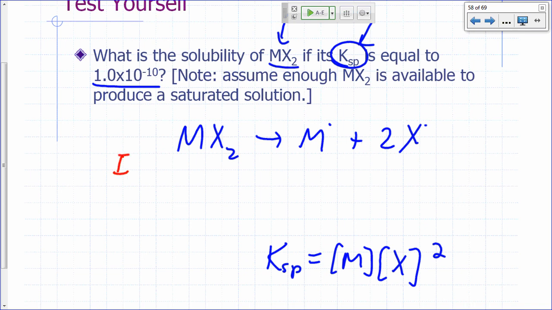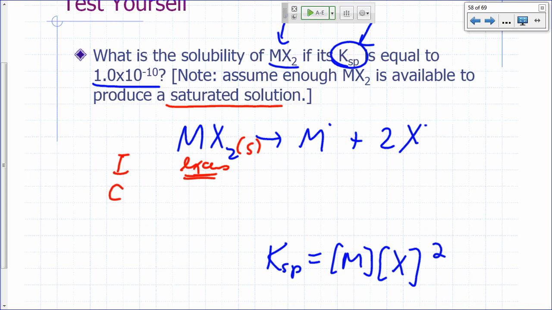Initial conditions: you have an excess amount of solid because you're making a saturated solution. Anytime you're dealing with a solubility problem, in order to get an ion product Q that's equal to KSP, you have to have at least some excess solid there. The activity would be 1.